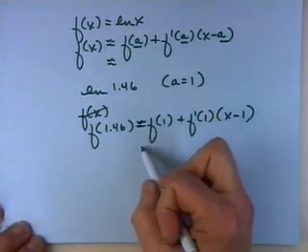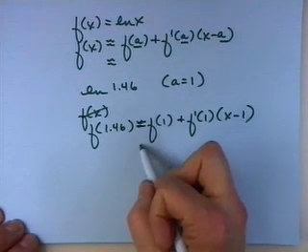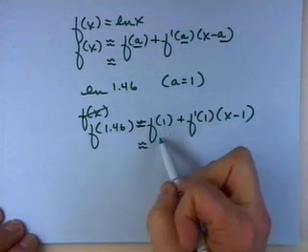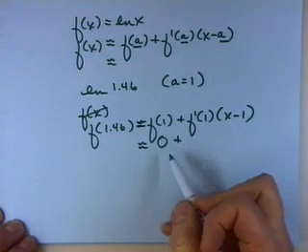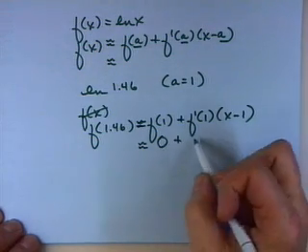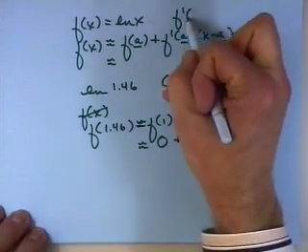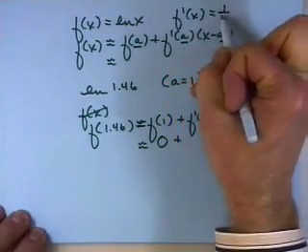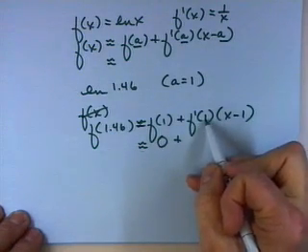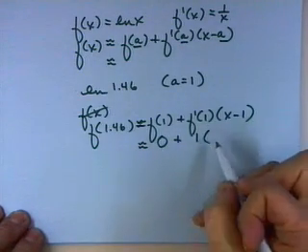What is the natural logarithmic function at 1? 0. That's why I changed from the original problem. The first derivative at 1, well, what did I say was the first derivative? It's 1 over x. So what is 1 over x at x equals 1? That's 1.